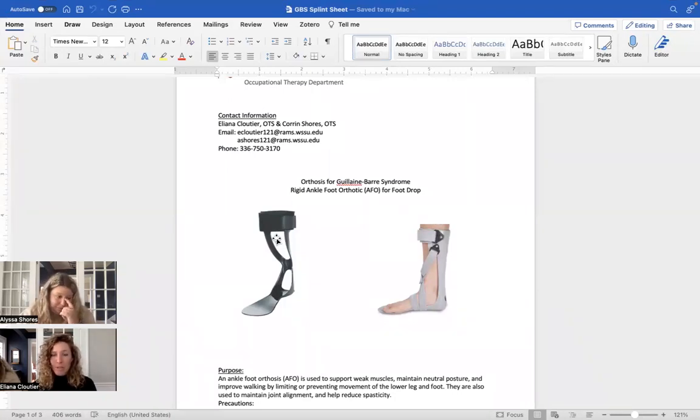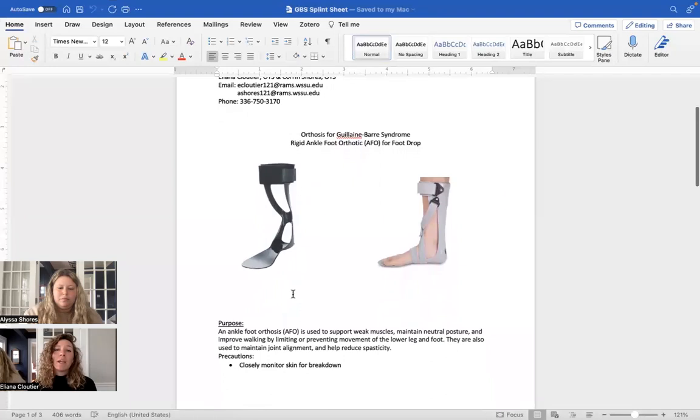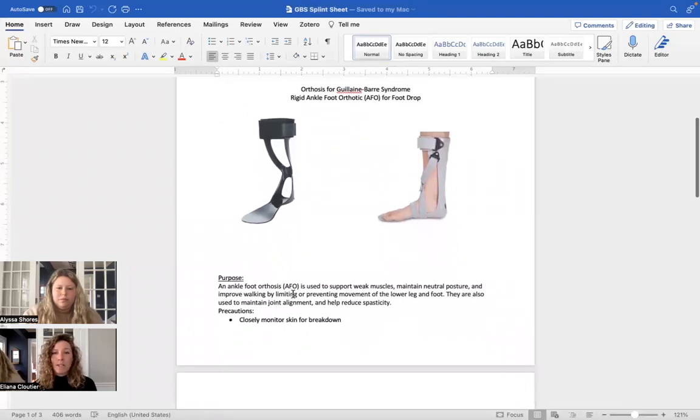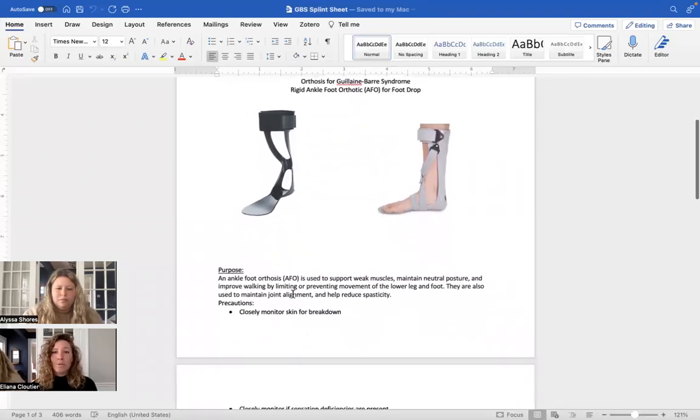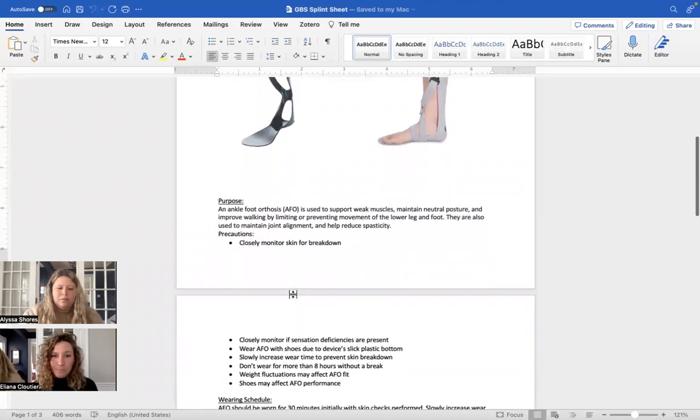This would be used more when doing transfers. What these AFOs do is maintain a neutral position of the foot. They can also be used at rest while the client is in bed; it keeps a neutral foot position and doesn't let the foot go into full plantar flexion.